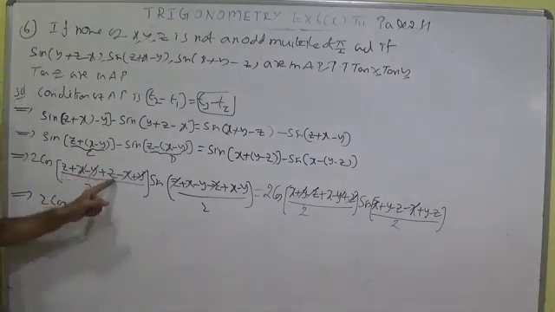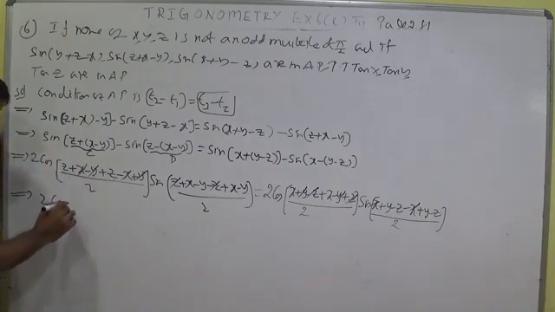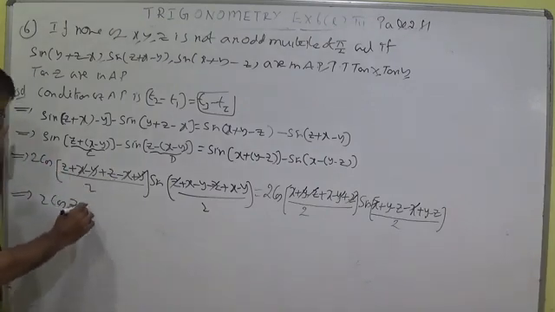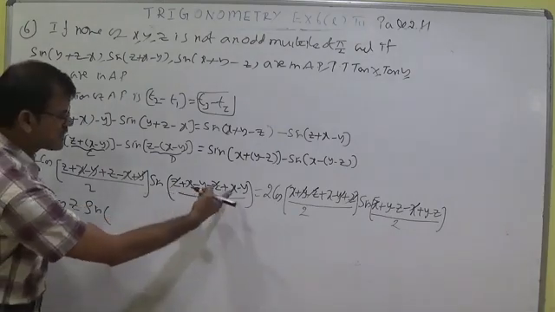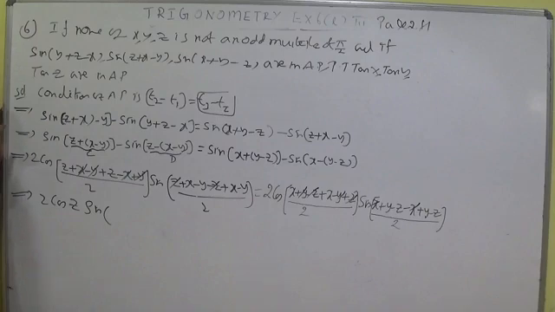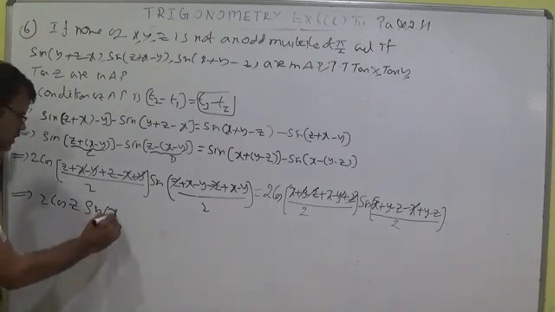Try to understand, this is Z plus Z, 2Z is there. 2Z by 2 becomes simple Z into sin of. Here X minus Y plus X minus Y, 2 terms are there, 2 into (X minus Y) by 2. So get cancelled directly.